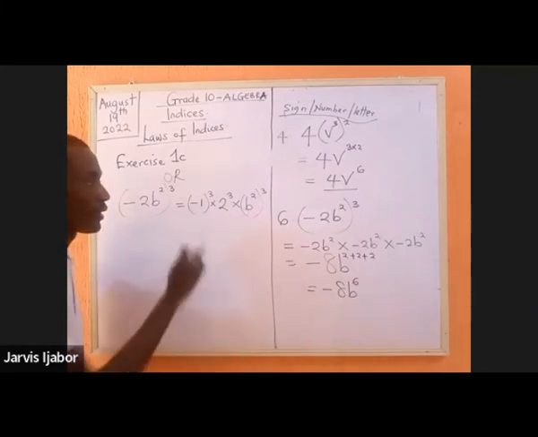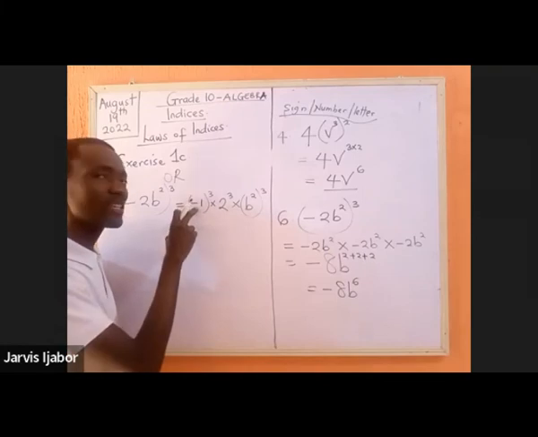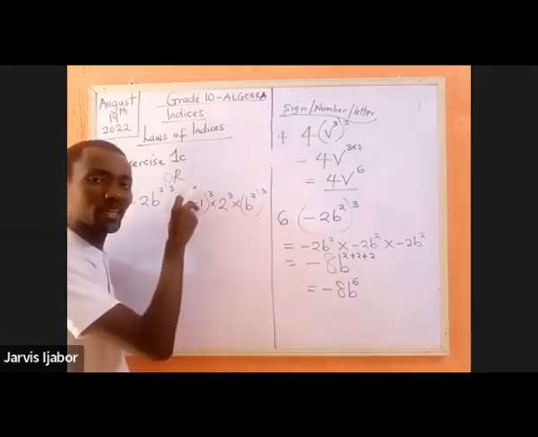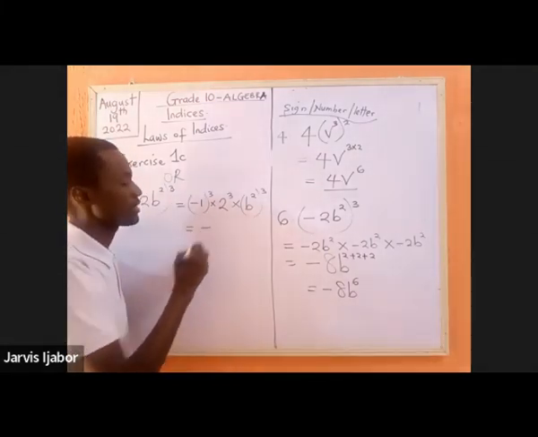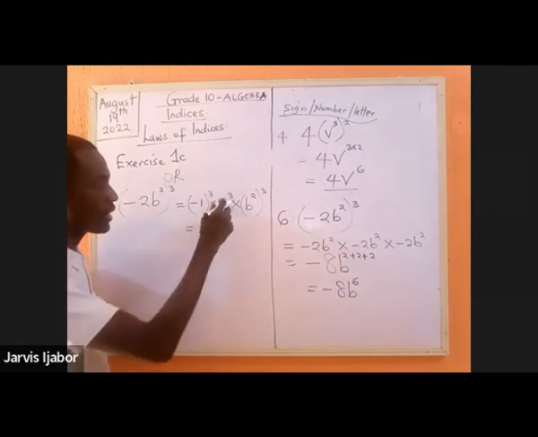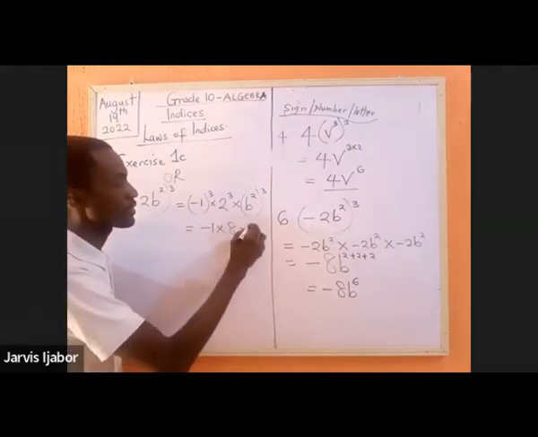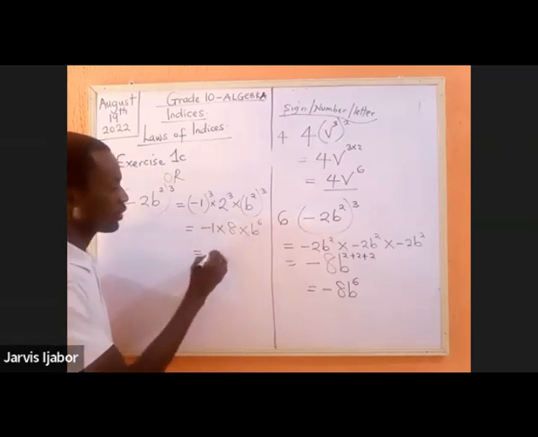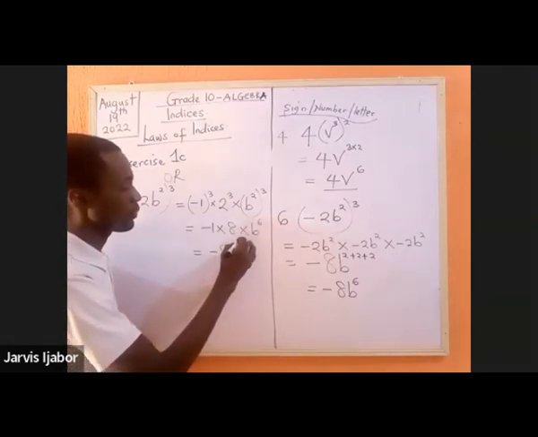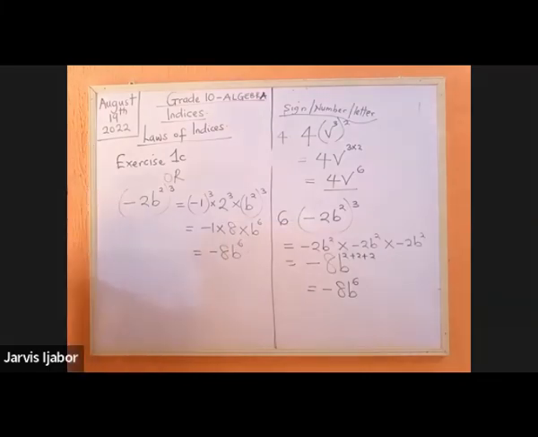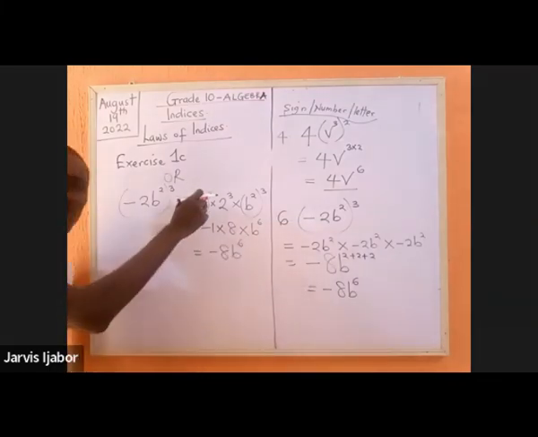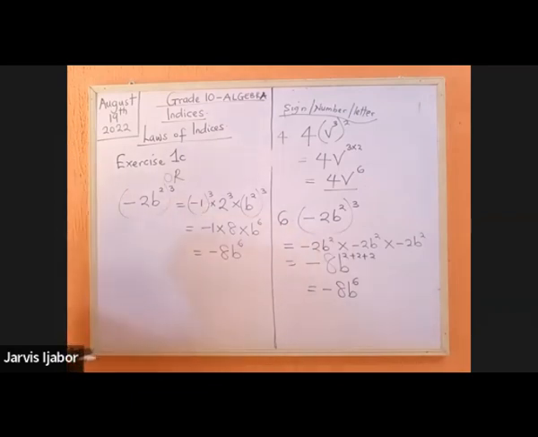Now, notice that this is negative times negative times negative, which gives negative, times 8 times b to the power of 6, and I'll give you negative 8b to the power of 6. So from here, what are they expecting you to take note of?